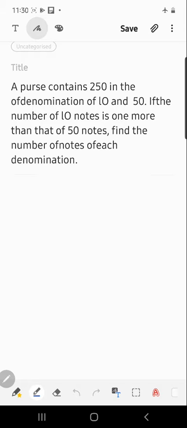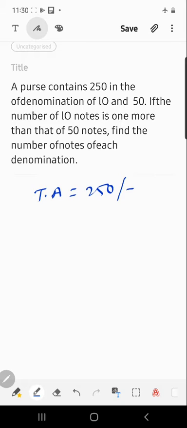But the total amount we know, the total amount is 250 rupees in that purse. And the second thing is, the unknown quantities are how many 10 rupees notes and how many 50 rupees notes there are, both we don't know.